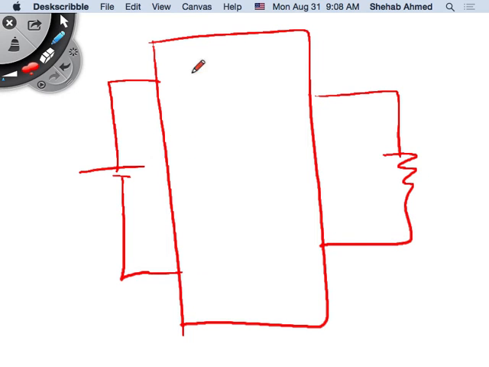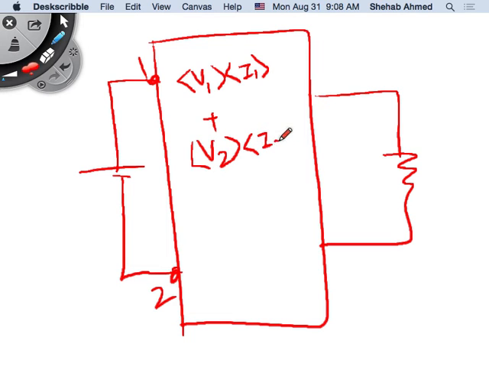And this box here will do this average power conversion. So V1, I1 plus V2, I2, this is terminal 1, and this would be terminal 2, is equal to VP average, IP average. So what does this look like?